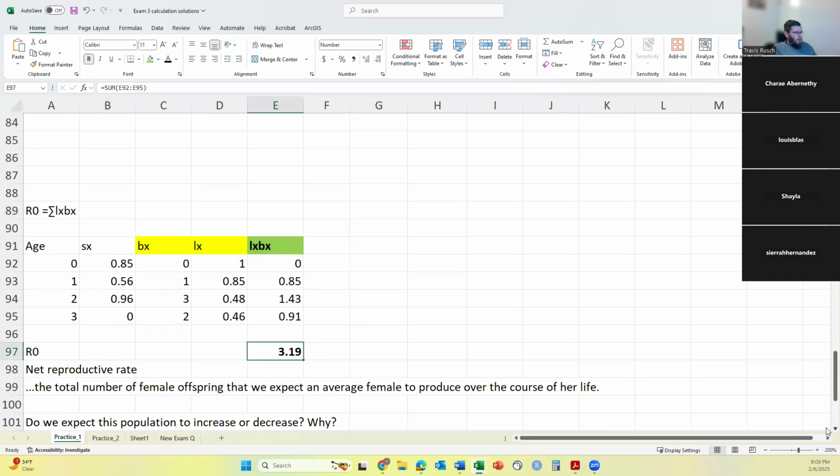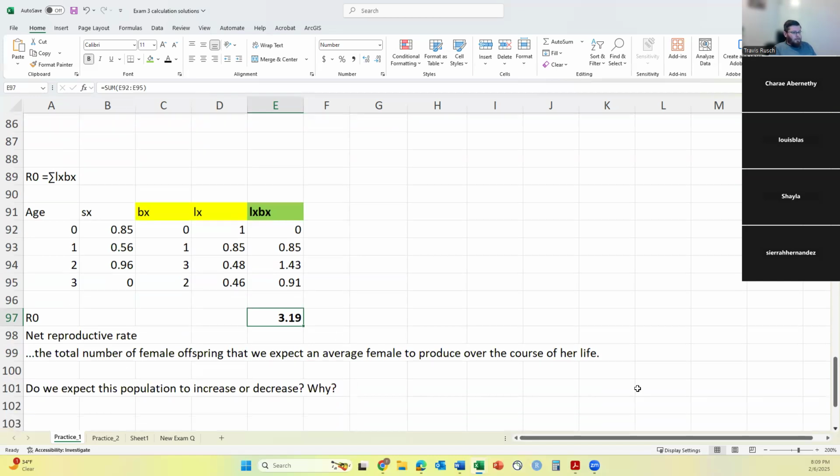Do we expect this population to increase or decrease, and why? What are we going to base this answer on? Whether it's over or under 1. Yeah, right. So we're going to base it on our value of rho, our net reproductive rate. So we have a 3, that's over 1. So is it going to grow or is it going to decrease? Increase. Yeah, right.